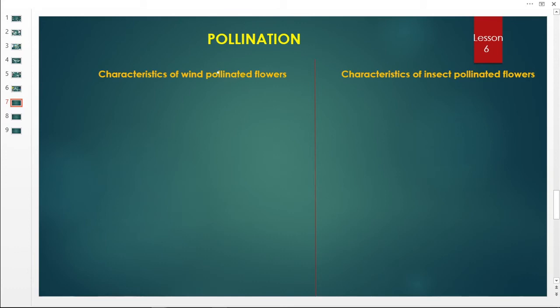After we have looked at the agents of pollination, we are now going to look at two types of flowers: those pollinated by wind and those pollinated by insects. Now we are going to look at the characteristics that make these flowers pollinated by wind.